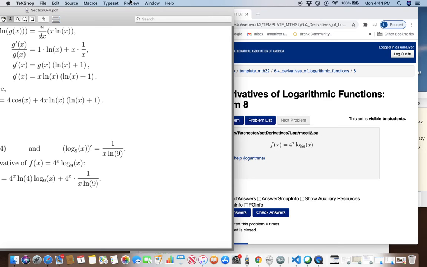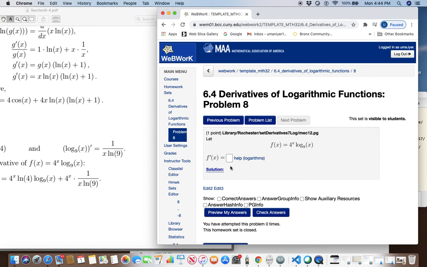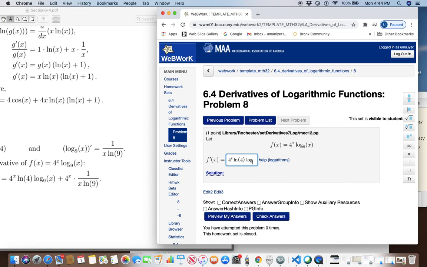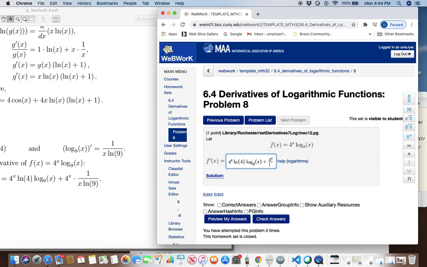That's it. 4 raised to x natural log 4, log base 9 of x, plus 4 raised to x over x natural log 9.